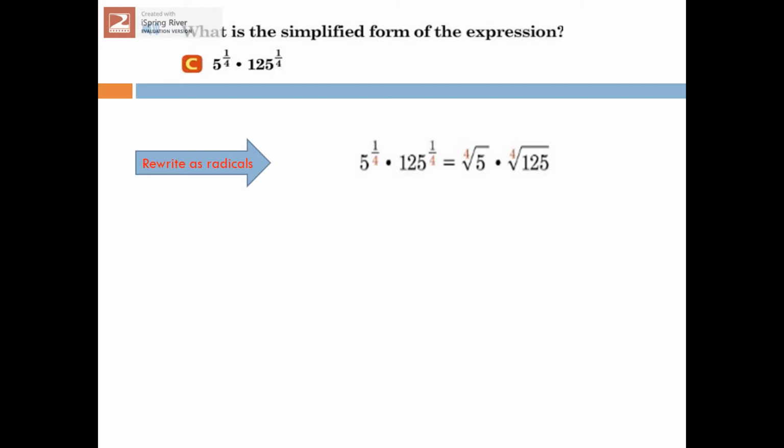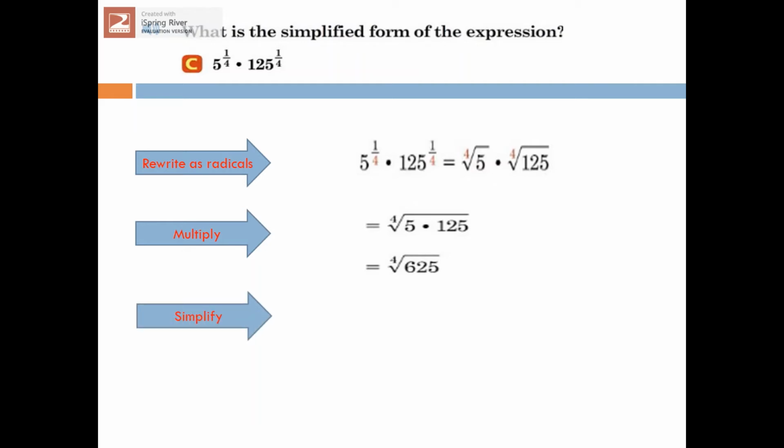Since we have the same index and same exponent from our base, we will multiply our base for the number inside the radical sign. Next step, multiply. So 4th root of 5 times 125 is equal to 4th root of 625.